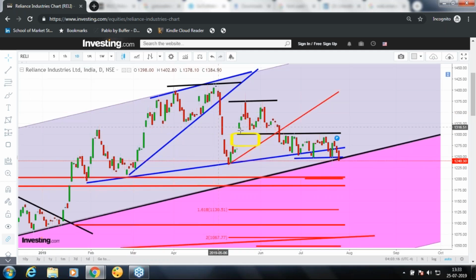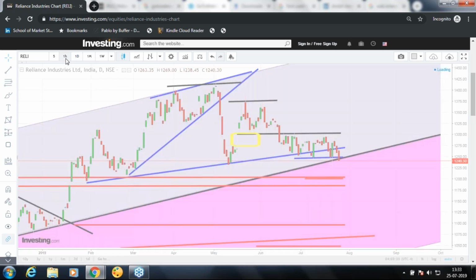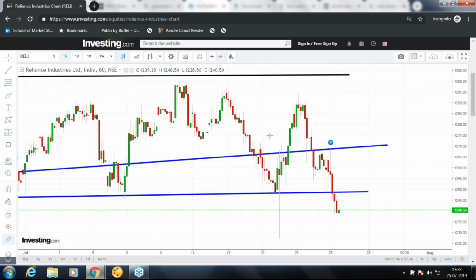And what we noticed was that various levels were being broken. We studied all the supply points, distribution lines, the support levels, and we've earmarked all the support levels that can work for the stock. And then finally we went to the hour charts to see how they work.